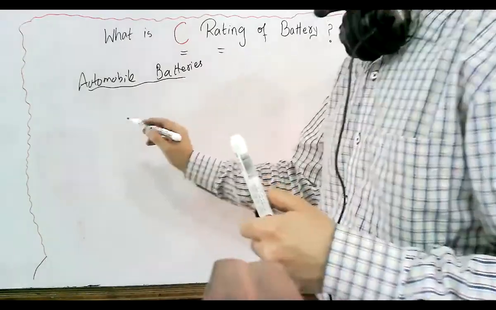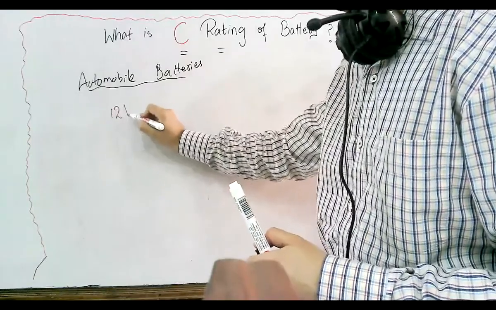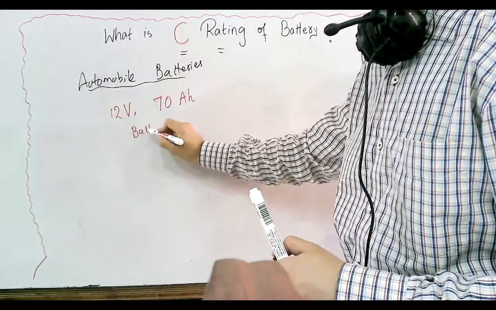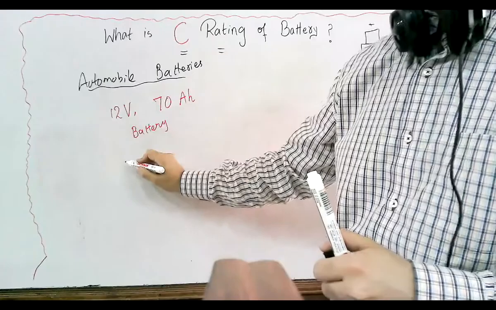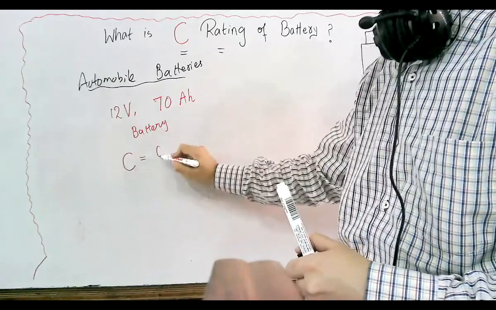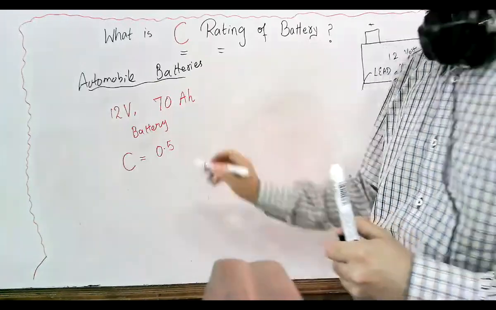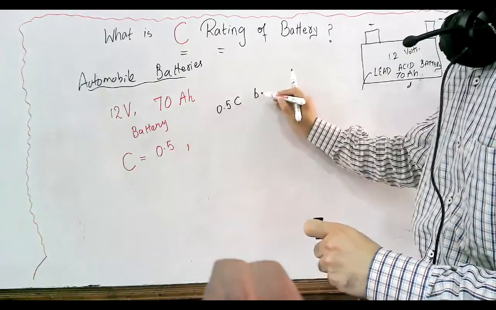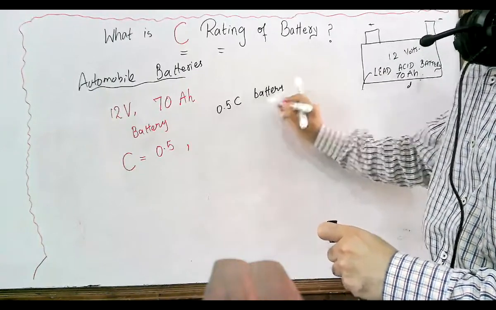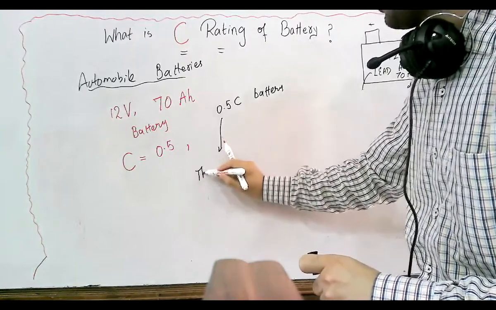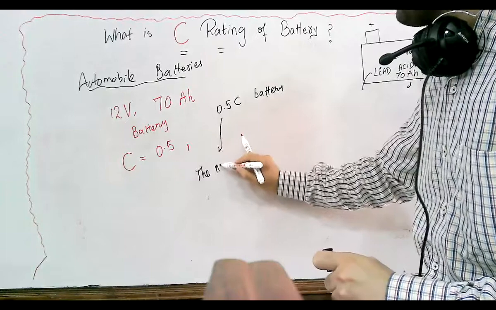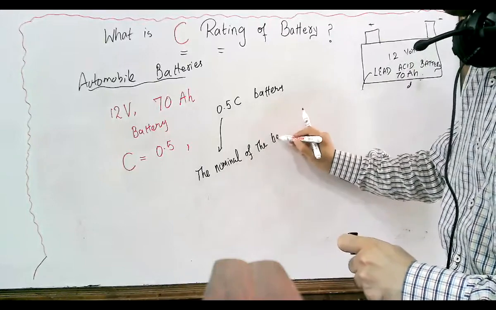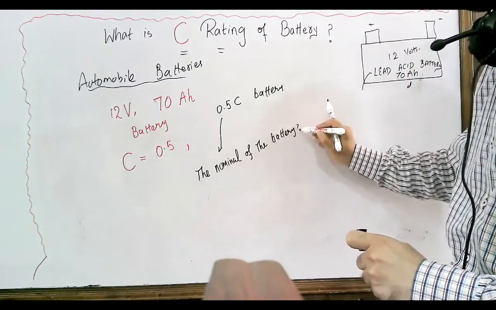Let's say you have a 12 volt, 70 ampere hour battery, and its C rating is 0.5, or it is sometimes mentioned that this is a 0.5 C battery. What does it mean? It means that the nominal current of the battery. How did we calculate the nominal current of the battery previously?